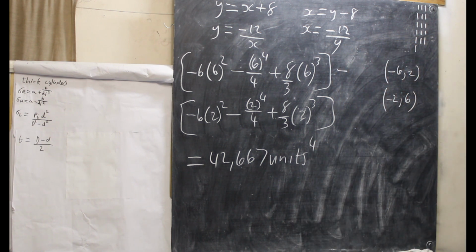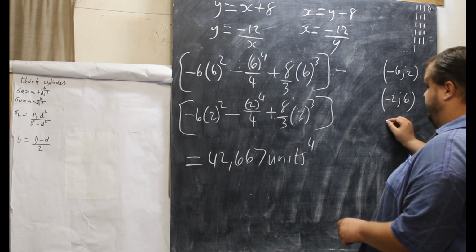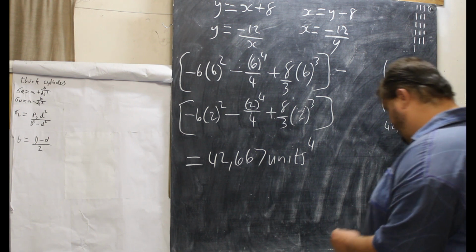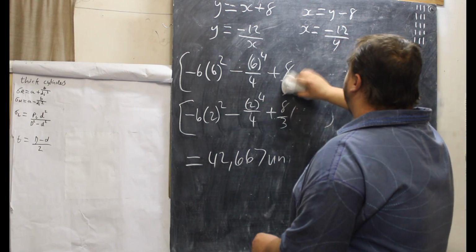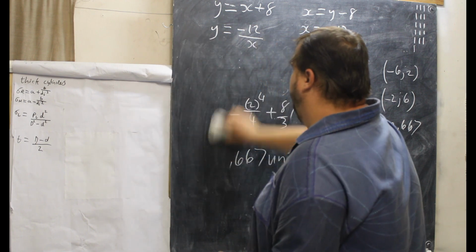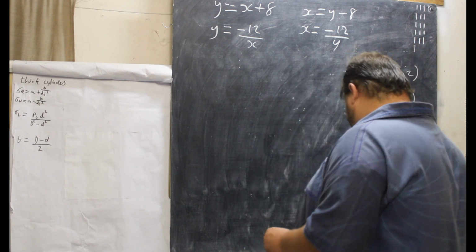Now we're not finished. That is just the first step. That answer we need to keep: 42,667. Now the next step is keeping our y. Now all we need is dA.